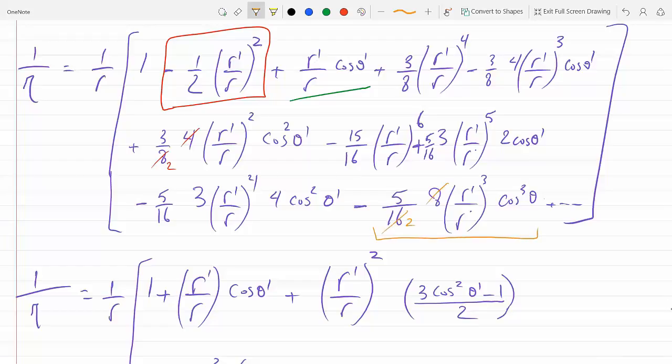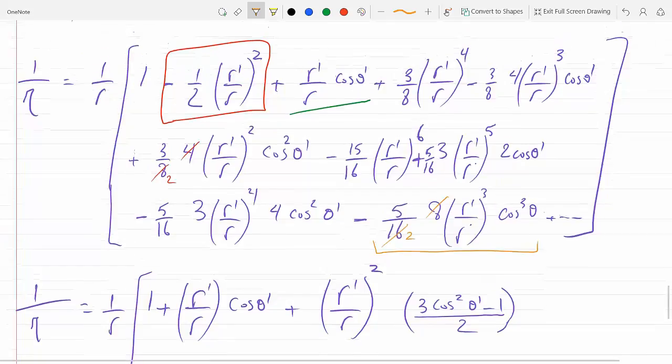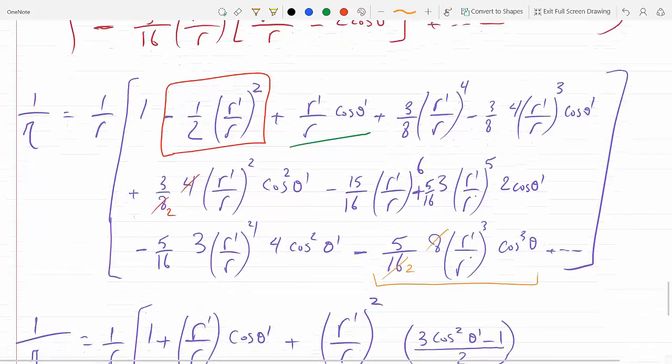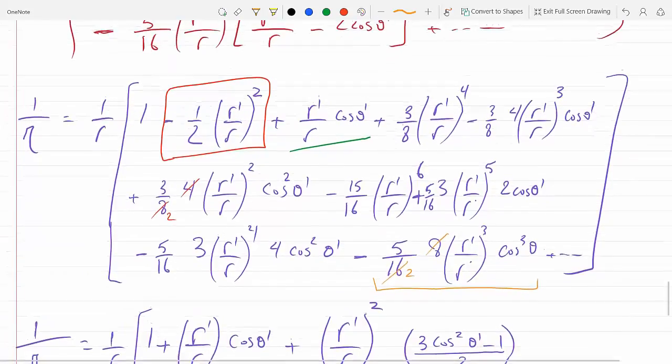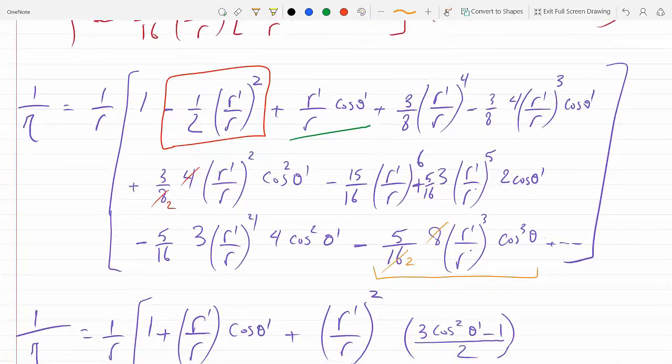So this is 2, so that's 5 over 2 minus 5 over 2 cosine cubed. Wait, this was the last term in the expansion, correct? Oh, there's a minus on the y cubed, which turns this into a plus.